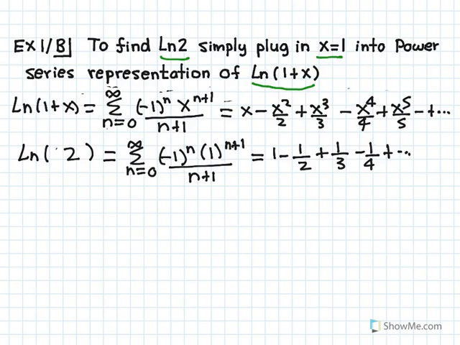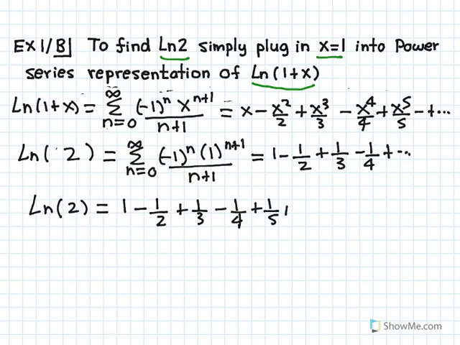So what we have shown is a series representation of log of 2: log of 2 is equal to 1 minus 1/2 plus 1/3 minus 1/4 plus 1/5, and so on.